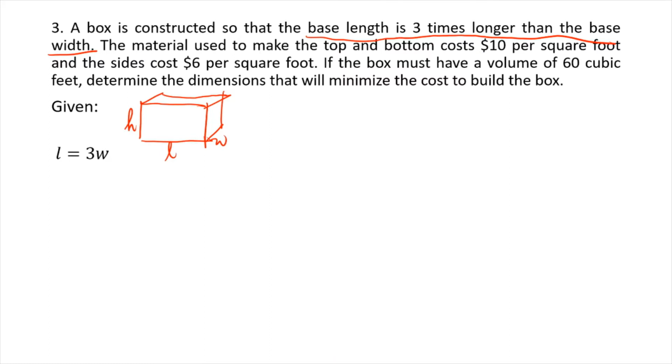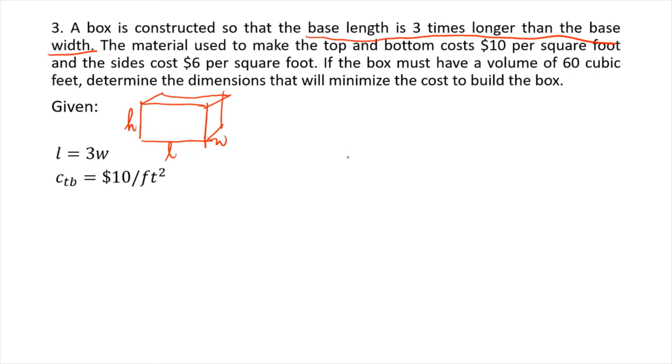And then we have costs per square foot. In other words, these are costs per area. For the top and bottom, let's call it C sub TB, and that's $10 per square foot. If we multiply this value, $10 per square foot, to the area of the top and bottom, then we'll get the total cost for building the top and the bottom of the box.